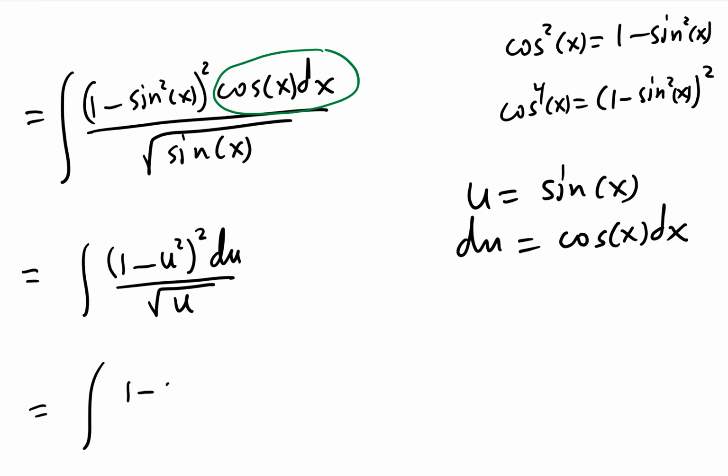So you get 1 minus 2u squared plus u to the fourth, and the bottom can be u to the 1/2 du.